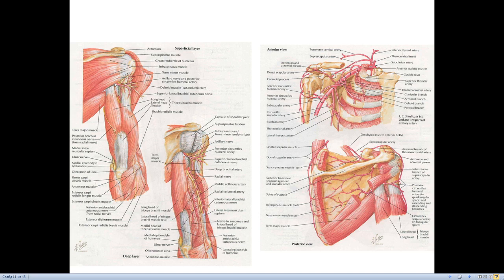Here rests the axillary vein, laterally to it the axillary artery, and the fasciculi of the brachial plexus, which divide here into the main branches like ulnar nerve, median nerve, radial nerve, musculocutaneous nerve, and some others.